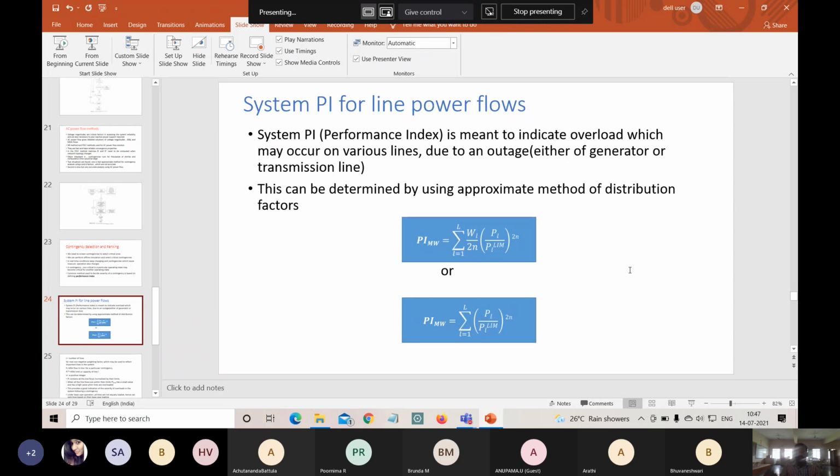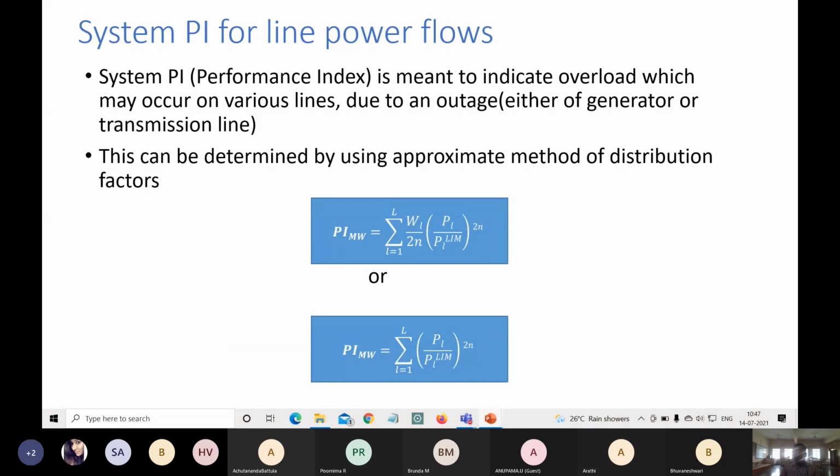It indicates which transmission line is overloaded due to an outage. An outage is nothing but disconnection, which may be either at the generator side or at the transmission line side.